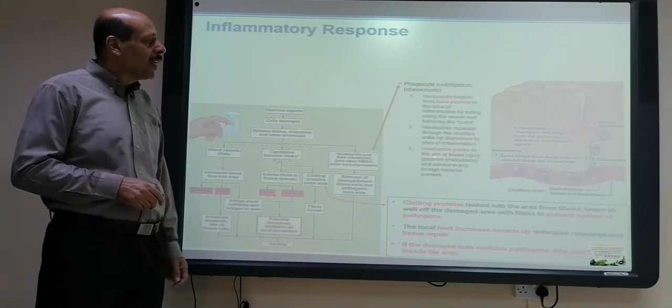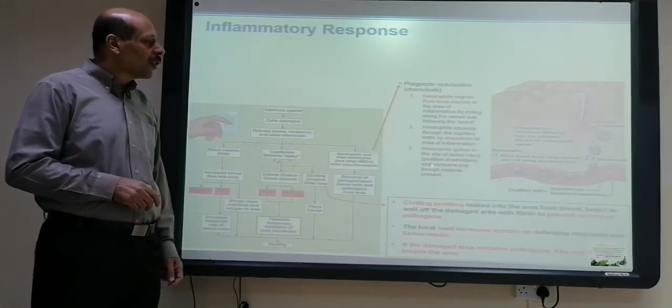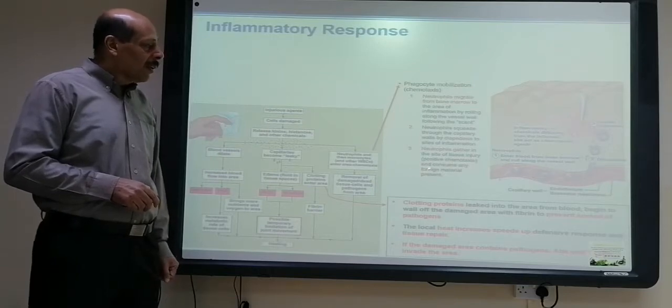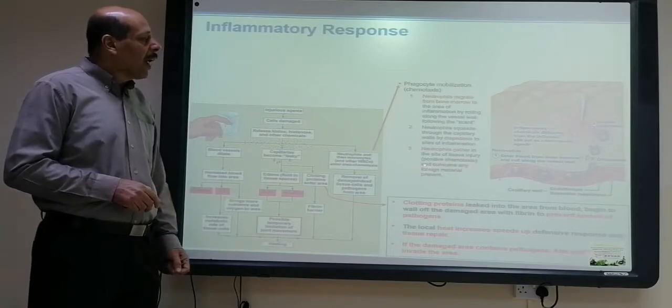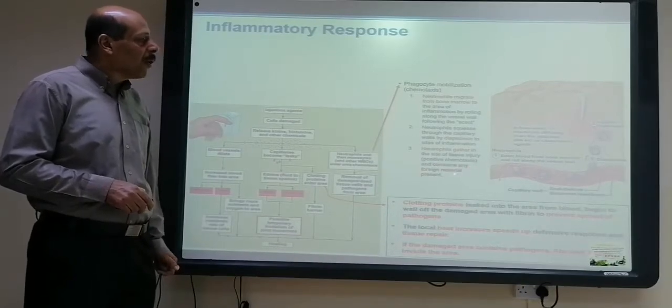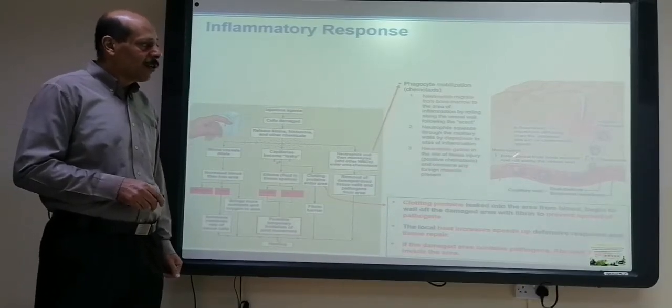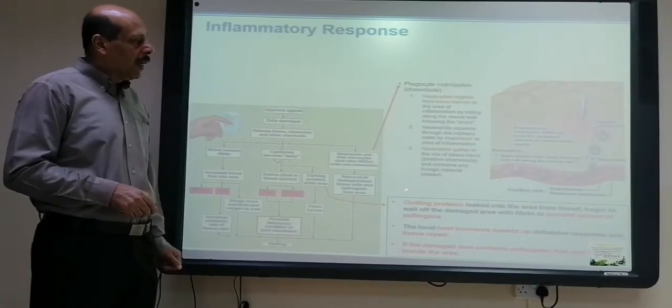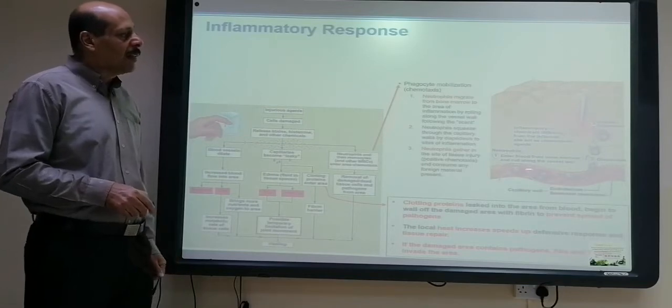The neutrophils gather at the site of the tissue injury, positive chemotaxis attracts them, and they also consume any foreign material present there. So they will do phagocytosis, engulf the antigens there, and deal with them.